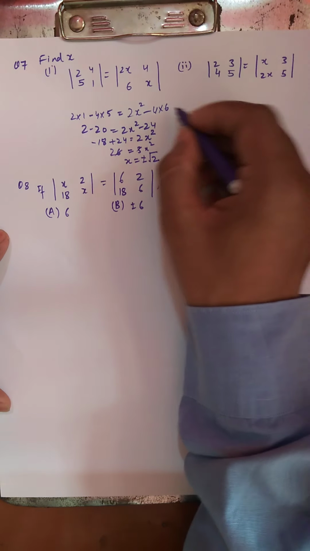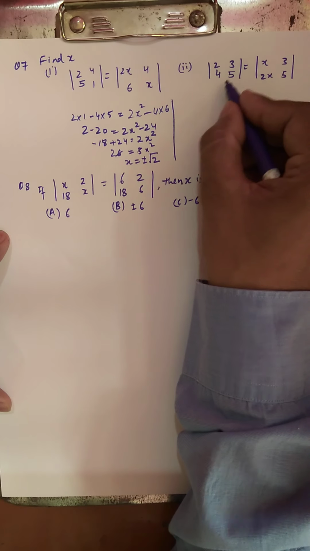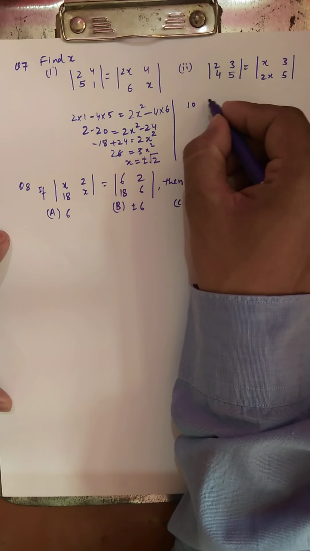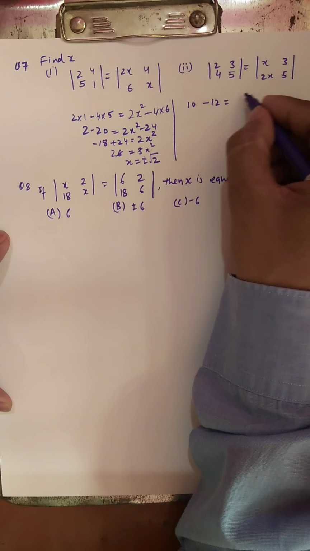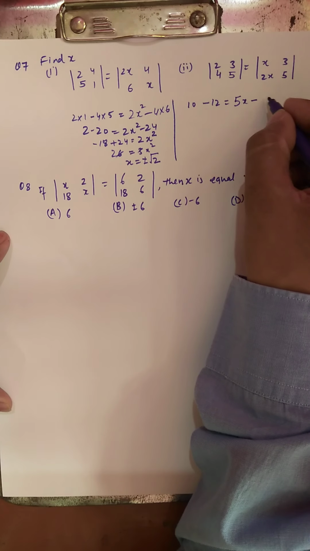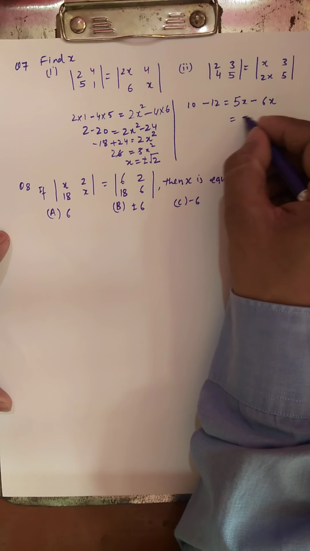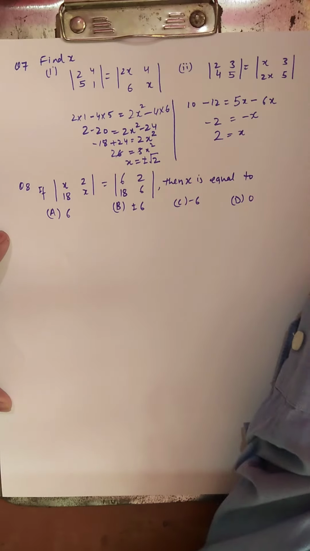Now this second part, do the cross multiplication again. 2 5 is 10, 4 into 3 is 12, and this is 2, the 5 into x is 5x, and this is 2x into 3, 6x. So this side is minus x, this side is minus 2, so x will be 2.